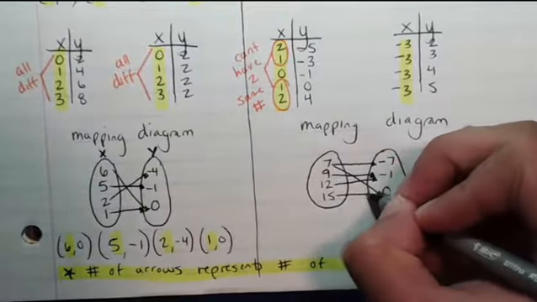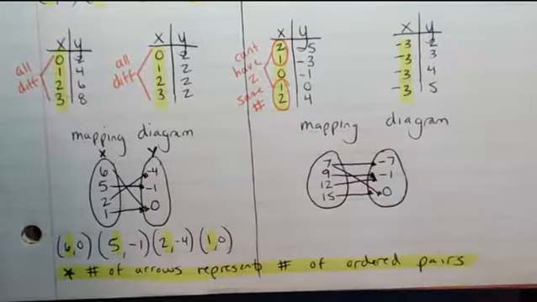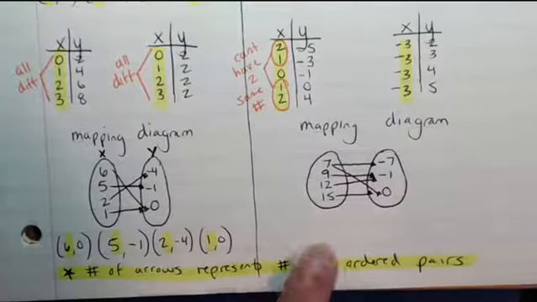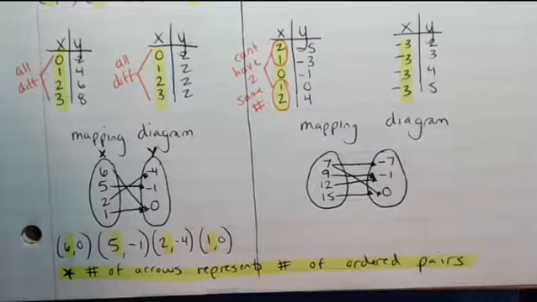And 15 to 0 is a point. So, I want you to identify every single point that is in this function by listing them out as ordered pairs, and then determine if it's a function or not. Whenever it's done, then Miss Osborne will push play.